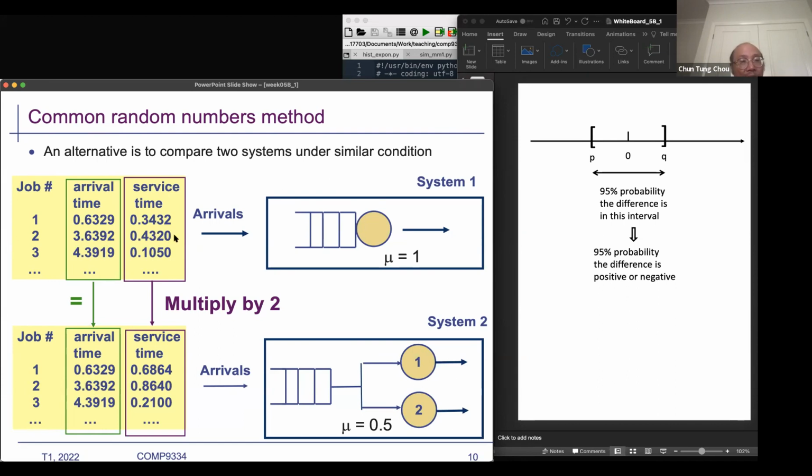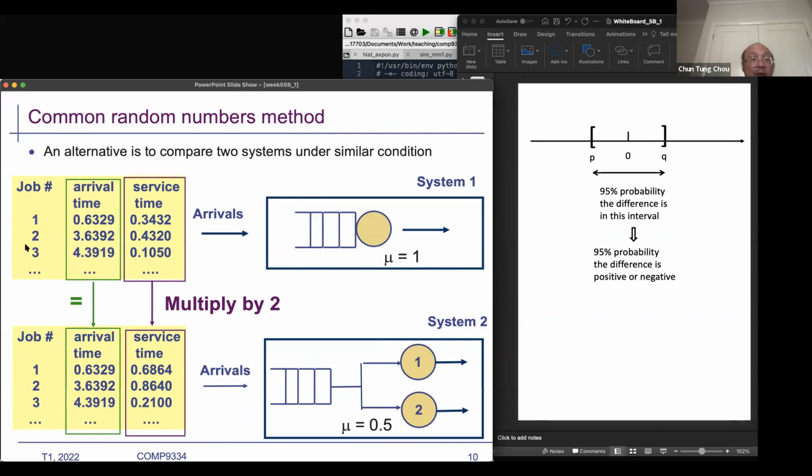But I need to adjust the service time because the service in system 2 is slower, so I multiply by 2. 2 times 0.4320 is exactly 0.8640. Okay, same thing.